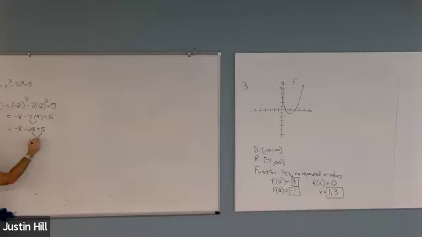Okay, we can do the -28 plus 5. So -8 minus 23, you should have got -31.